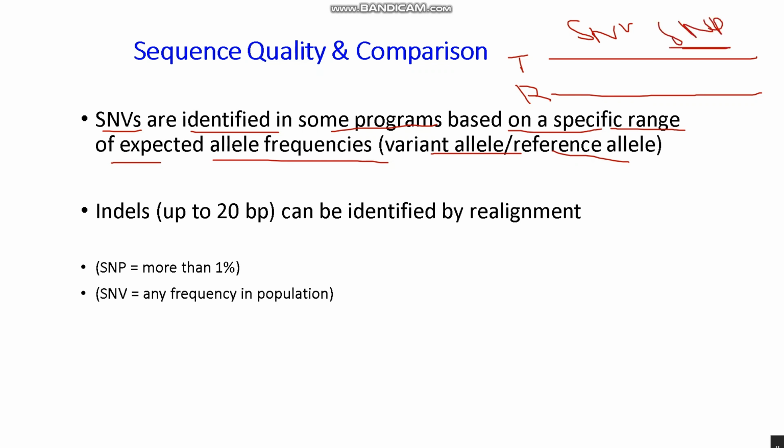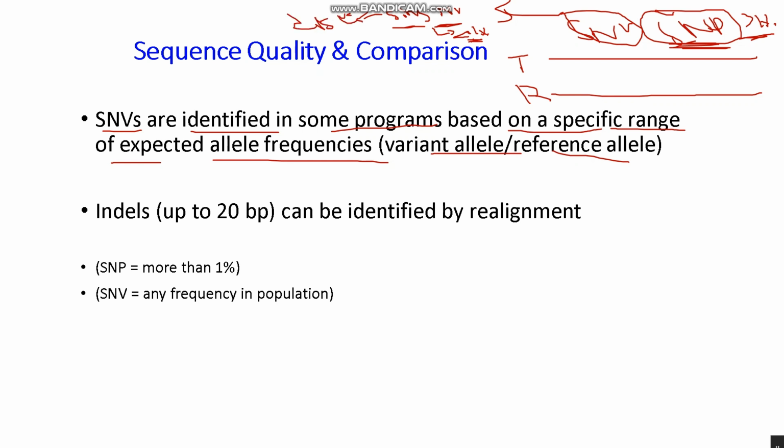The SNP is a single nucleotide polymorphism that is present in greater than 1% of the population, and the SNV is a single nucleotide variation that is present in less than 1% of the population, but individually it doesn't cause the disease.